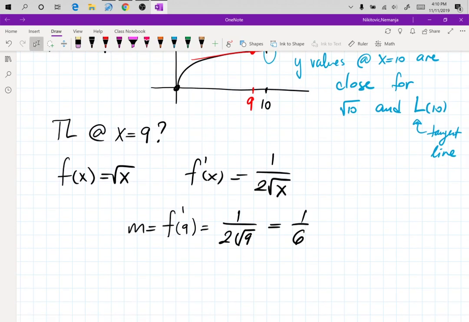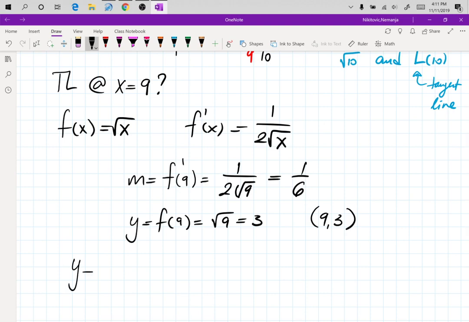Now I am going to calculate the y value. The y value is f of 9, which is square root of 9, which is 3. So now I have the point (9, 3) and slope 1 over 6.